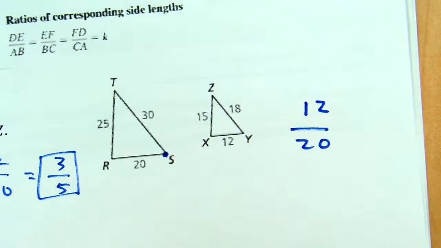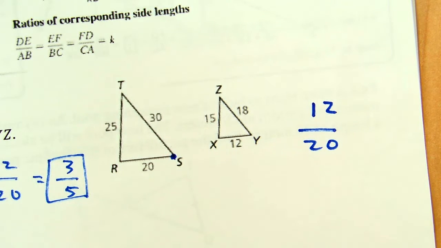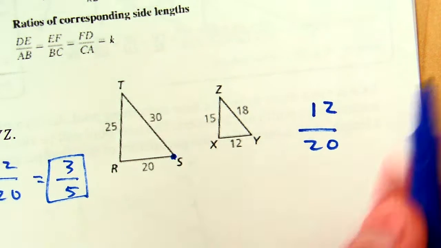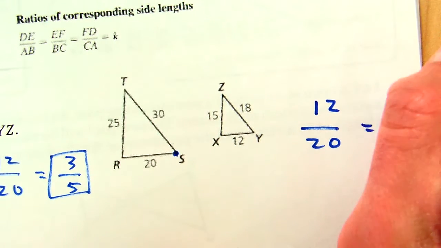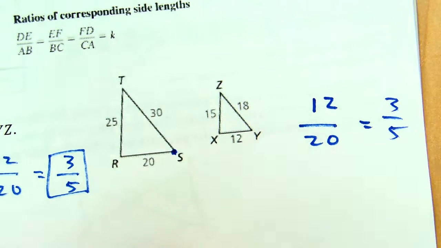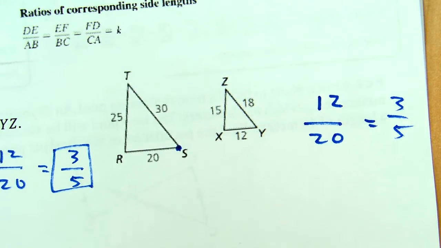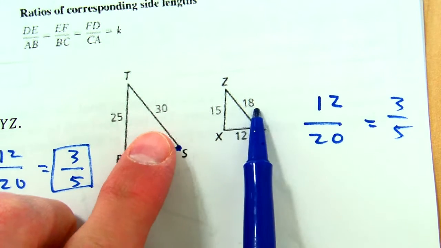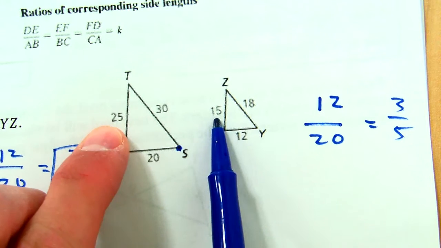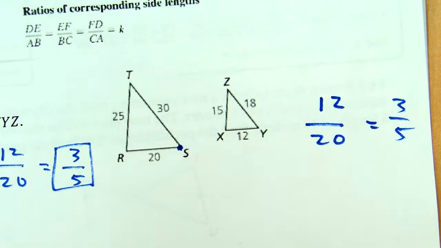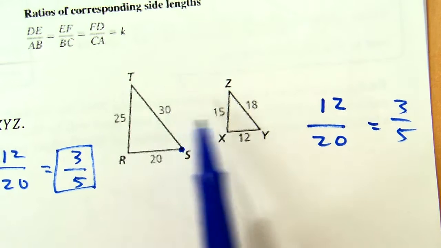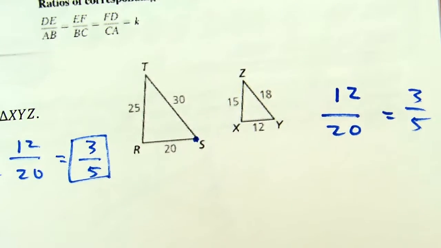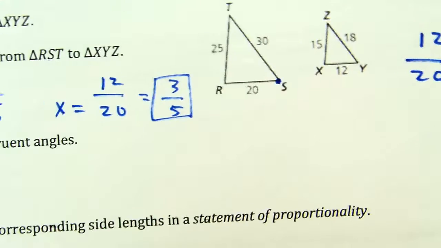You can just do the fraction directly, and 12 over 20 simplifies into 3/5. And you could have done that with the 18 and the 30, the 15 and the 25 as well, and you would have gotten the same answer. Okay, so going from this one to this one, I would multiply each of the sides by 3/5.